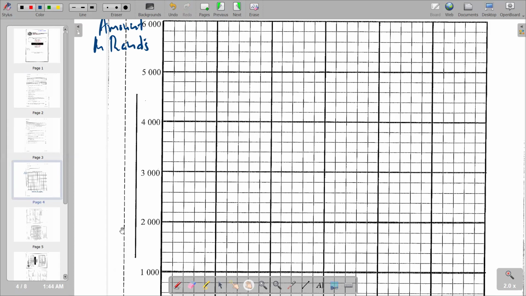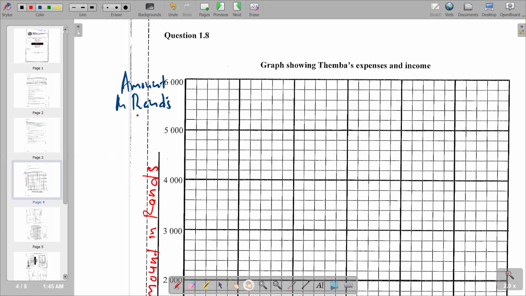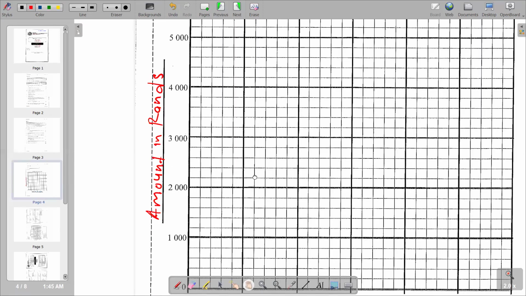You are going to write it as amount in rands, putting it on top of the line that you're given here. So typically, that's how we're going to present it. And then this description, you can remove it. So this is what we have.